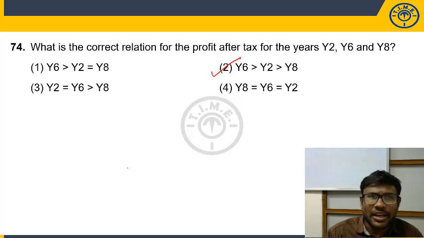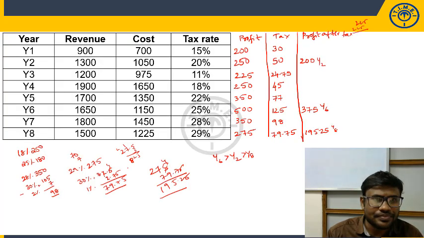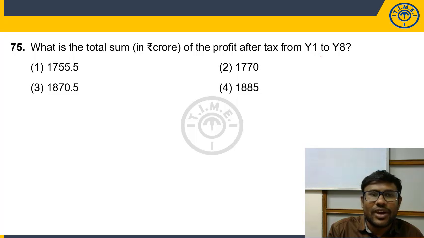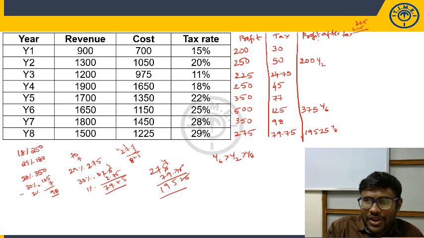Now let us go to the last question. What is the total sum of profit after tax from Y1 to Y8? So you have to calculate the total sum. So means we have to calculate all the profits. So it is 200 minus 30, that is 170.